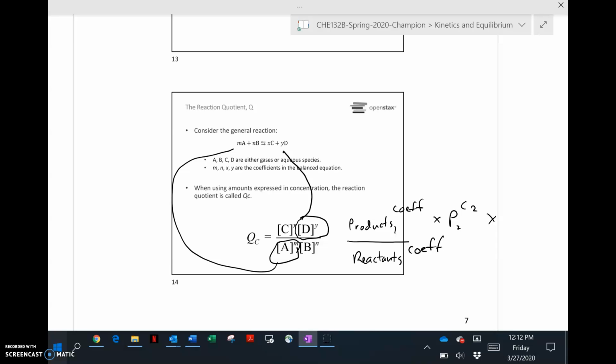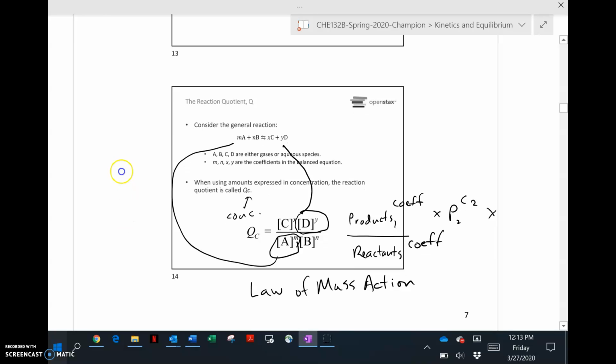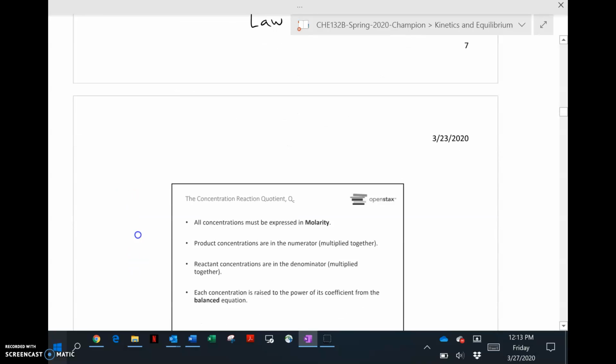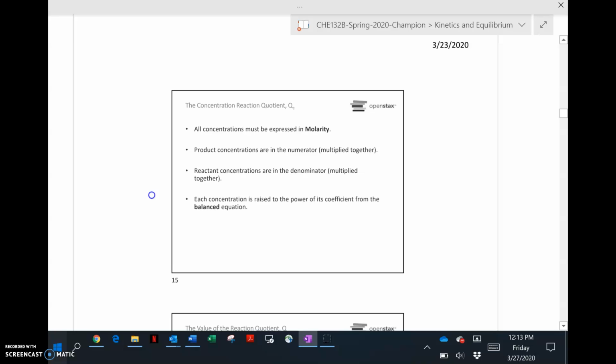This is sometimes called the law of mass action. Not a term I usually use, but you will hear people refer to it that way. And if you see a sub C on that, that means based on concentration, as opposed to, we'll see soon, based on pressure. Q is a number you can calculate in any situation. Concentrations are in molarity.